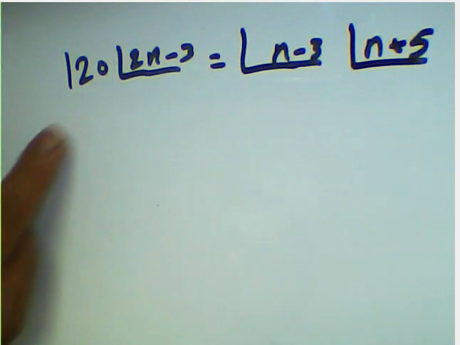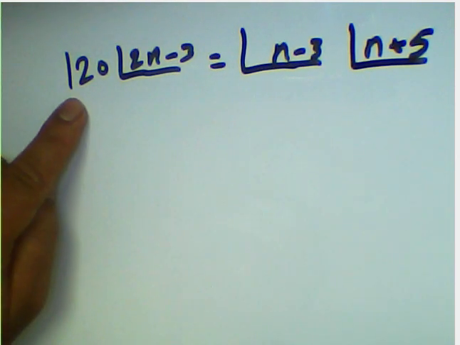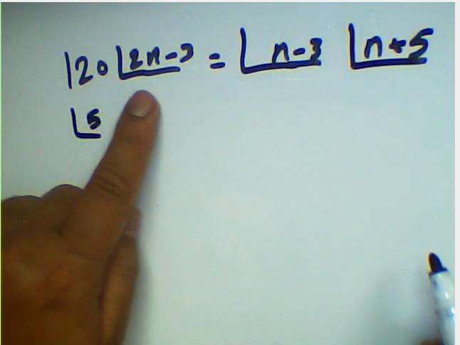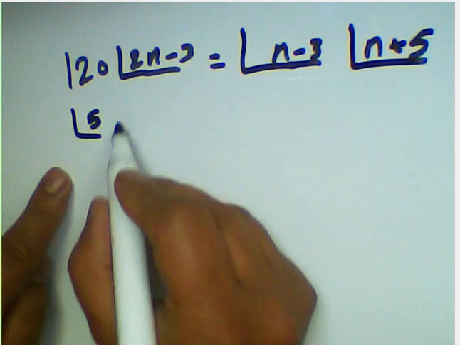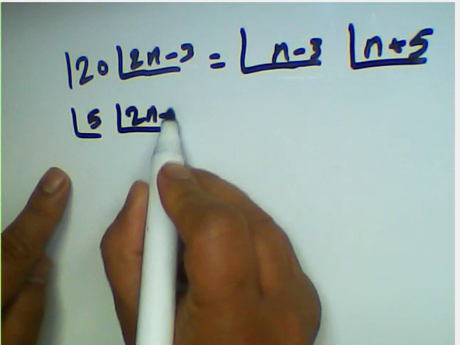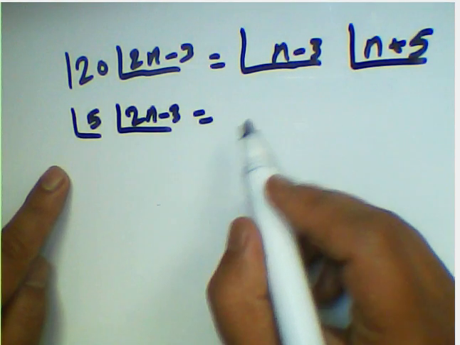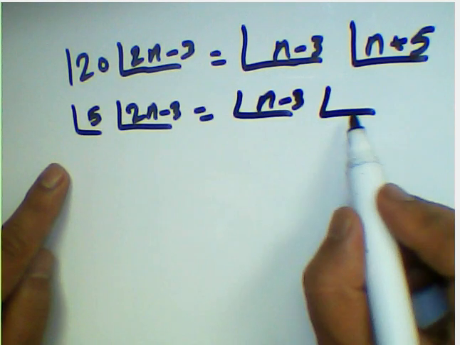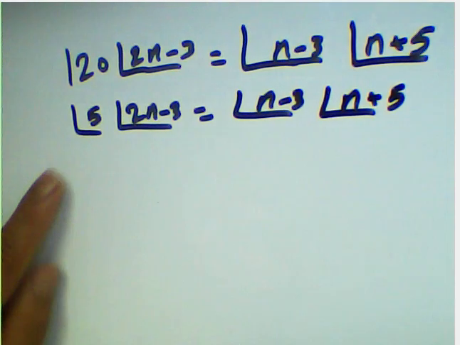First, we have 120, it's factorial of 5, right? Factorial of 5 here, multiplication factorial 2n minus 3, equals factorial n minus 3 multiplication by factorial n plus 5.